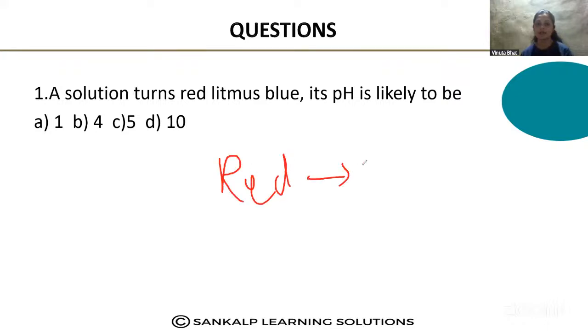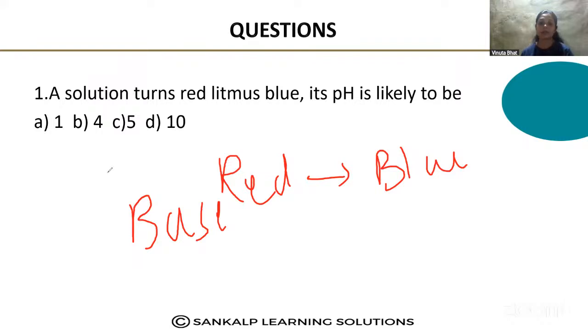Red litmus turns to blue color. So the solution should be a base, right? Because when litmus paper is dipped in a basic solution, it changes from red to blue. So the pH likely to be 1, 4, 5 means 1 to 7. 7 is neutral, and up to 6 is acid, right? But option D, 10, means a basic solution.